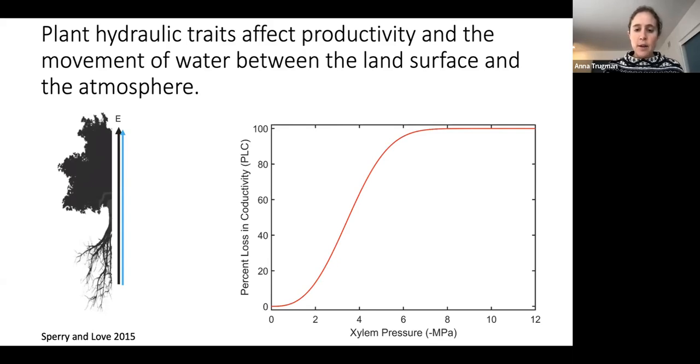And what's shown here is what happens to the conductivity in a tree as the xylem sap pressure becomes more negative. So this tree, as we increase water stress, moves from like 0% loss in conductivity up to potentially 100%, or very high losses in conductivity, which correspond to mortality in trees.